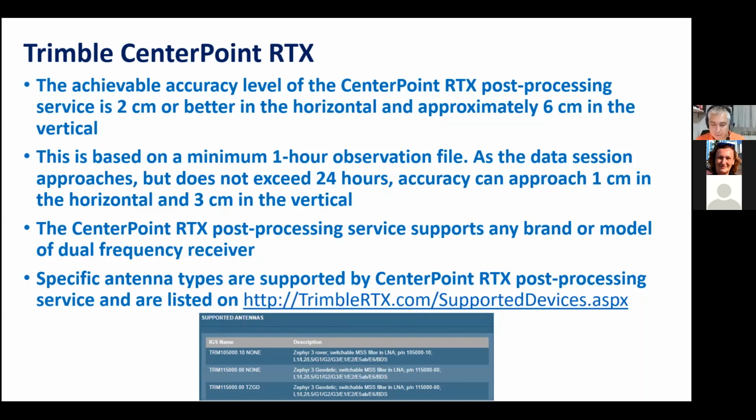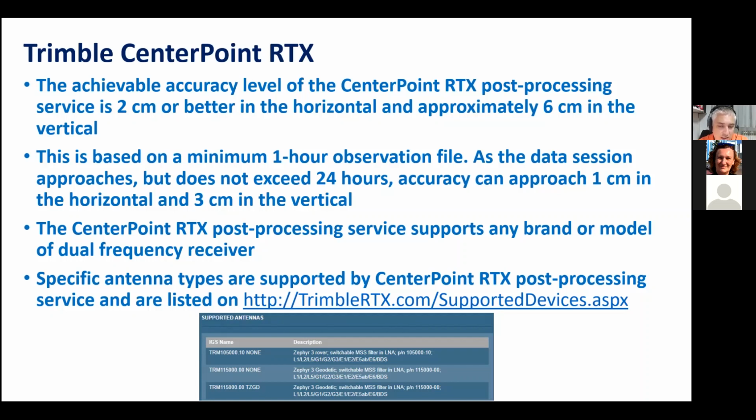So basically, you cannot use an observation file shorter than one hour because it does not guarantee the estimated accuracy level, since time is needed to obtain the convergence and to obtain a fixed ambiguity solution.